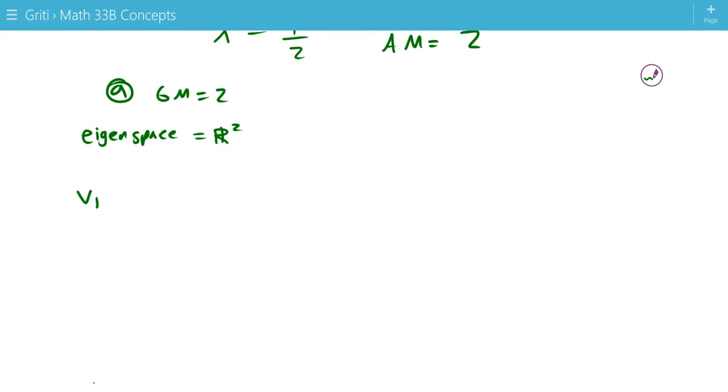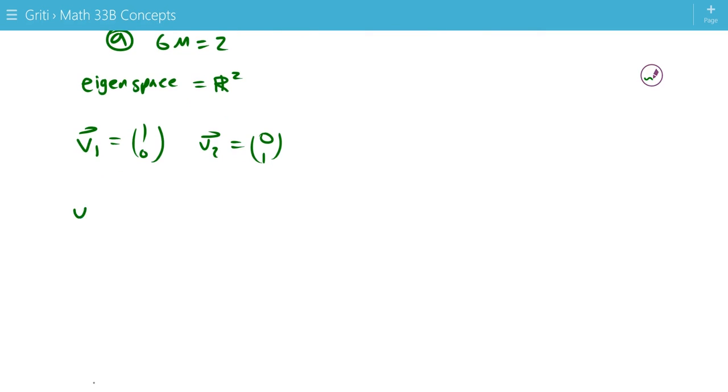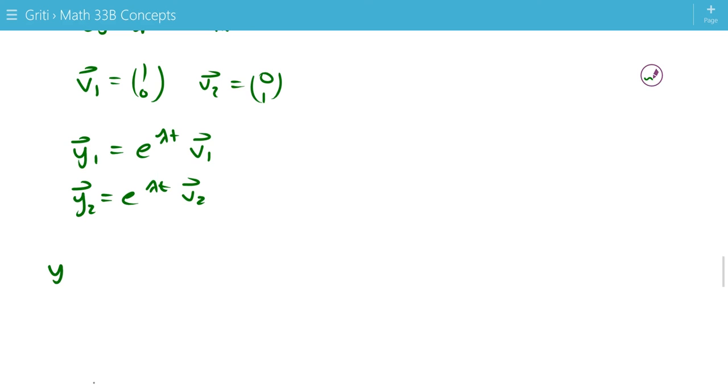So you can always just make v1 equal (1, 0) and v2 equal (0, 1) because those two vectors form a basis of R2. So y1 will just be e to the lambda t v1, and y2 will equal e to the lambda t v2. So our total solution is c1 e to the lambda t v1 plus c2 e to the lambda t v2.